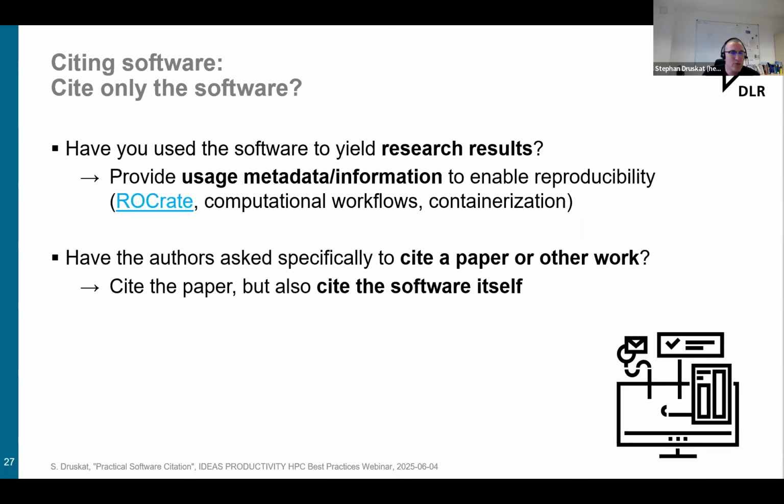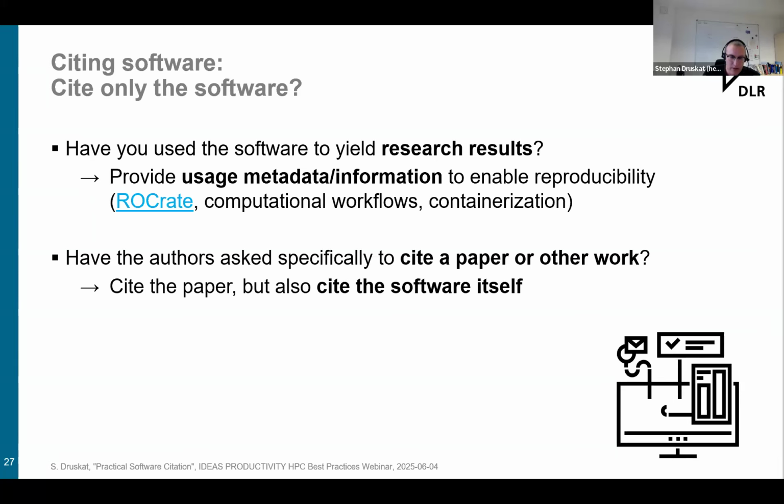Right, do you want to cite only the software? As far as I know, there is not yet a widely enough accepted standard for providing metadata for usage. So to enable reproducibility, if you discuss results in your paper, for example, and you cite software, also try to provide usage metadata and usage information so people can actually try and redo what you've done.